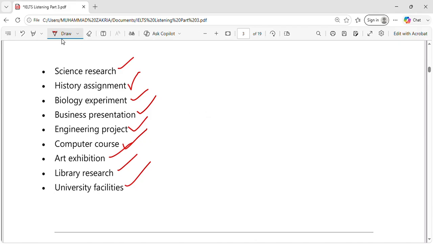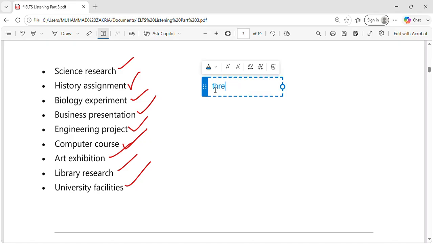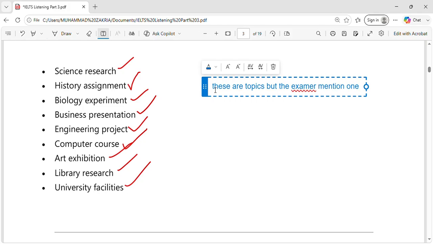But you remember that these are topics, but the examiner mentions one of them.